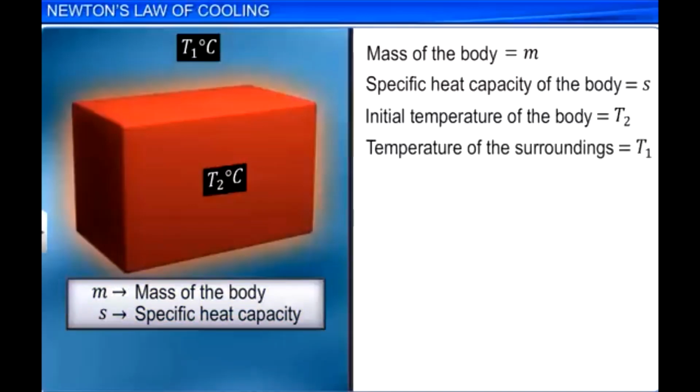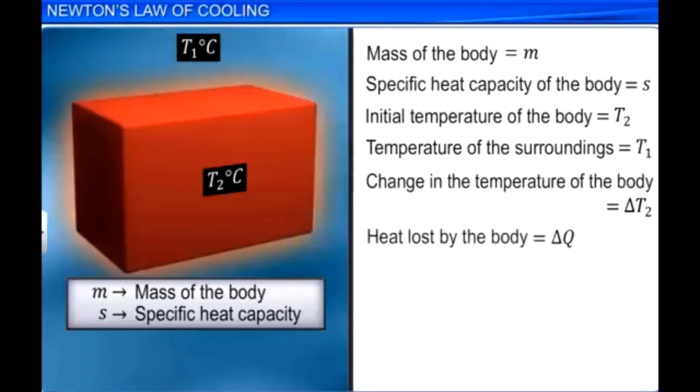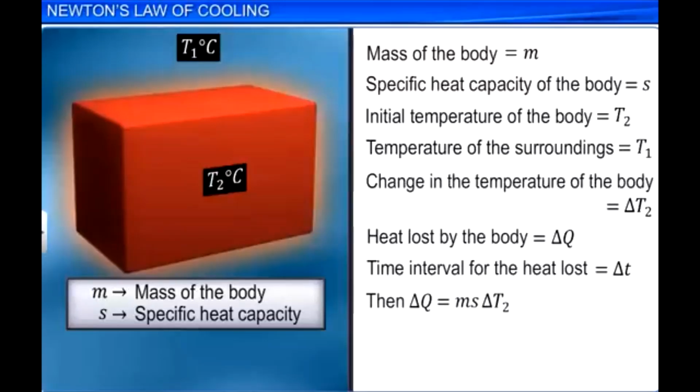If the temperature of the body is changed by delta T2 because of a small loss of heat delta Q in a small interval of time delta t, then delta Q can be expressed as a product of m, S and delta T2. Then the rate of heat loss is equal to delta Q by delta t equals m S delta T2 by delta t. Let this be equation 2.